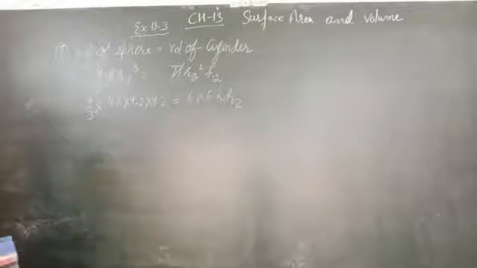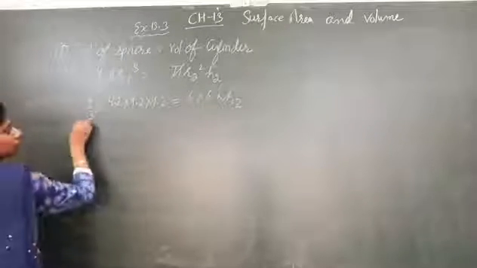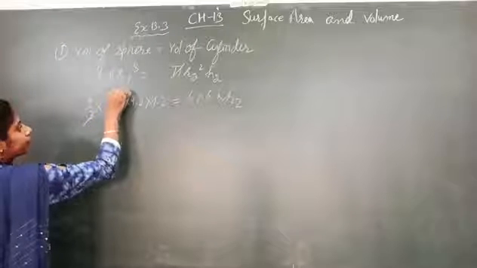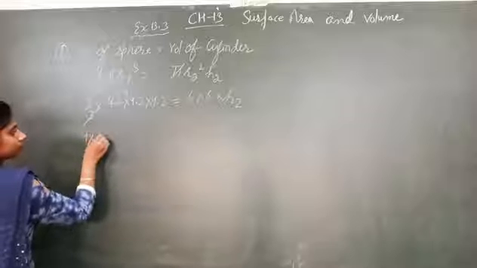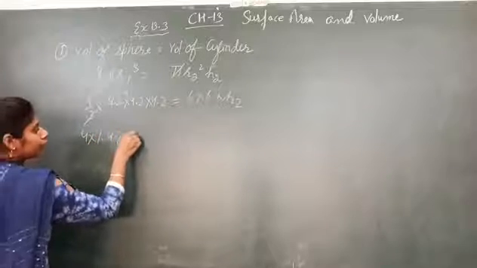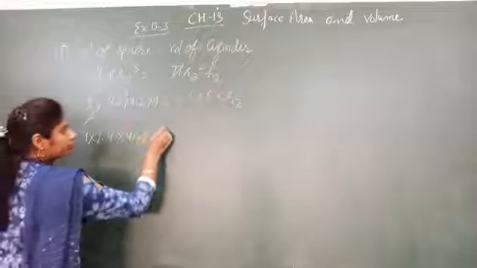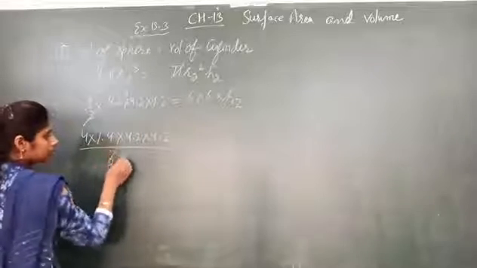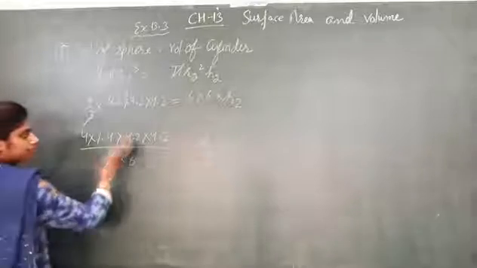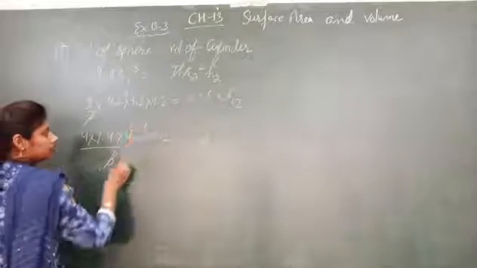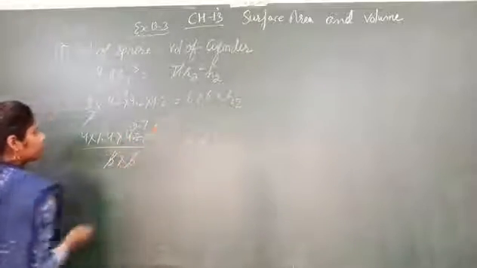Clear? Simplify it. So we get 1.4, 4.2 upon 6 into 6. 0.7. Simplify it.